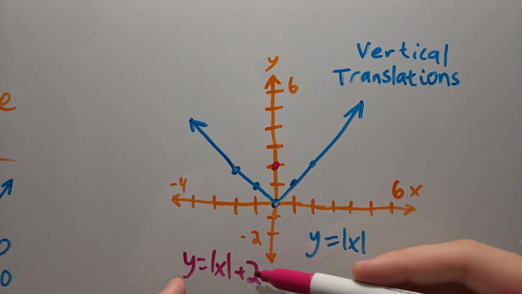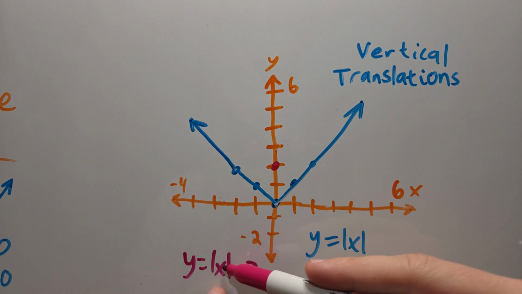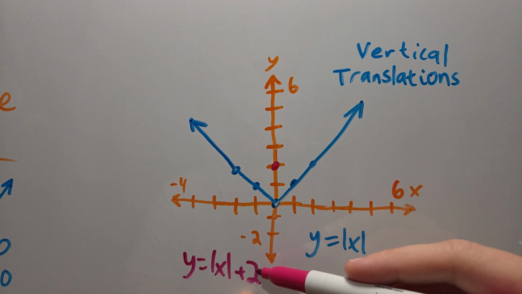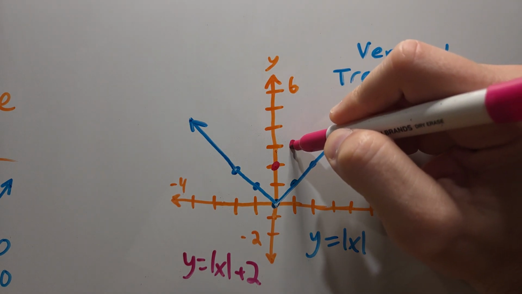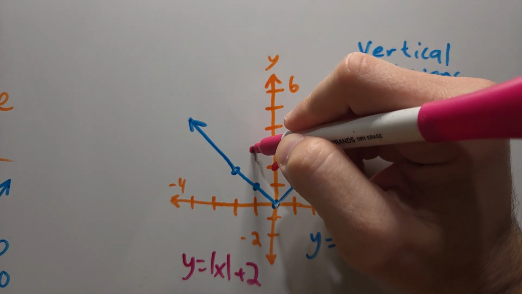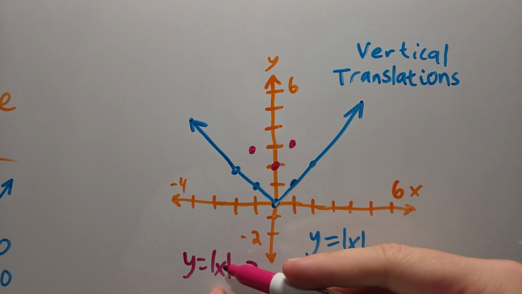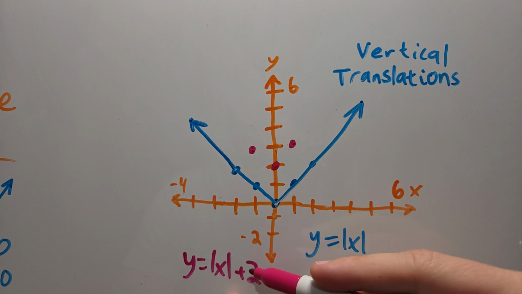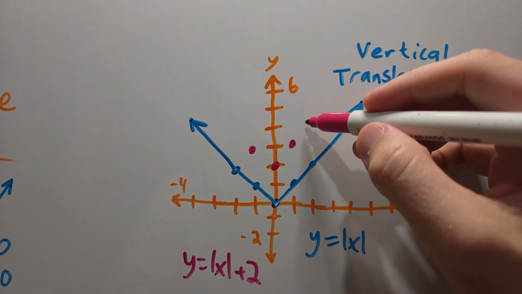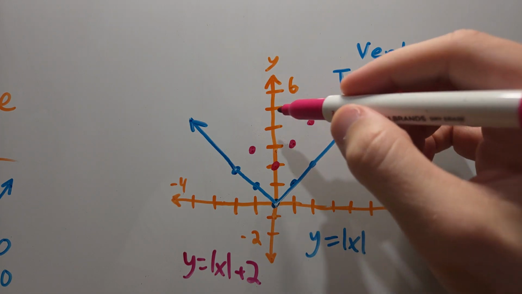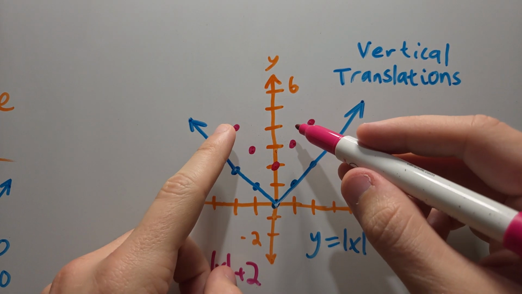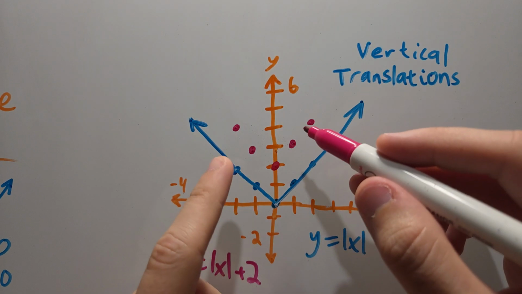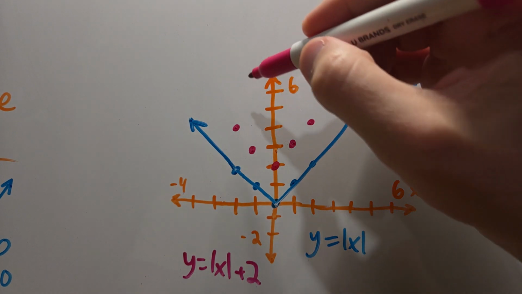Plugging in 1 and -1 as well will result in a value of positive 3. And I'll do one more. Plugging in 2 and -2 will give me a value of 4. So it's the same shape and size, it's just now in a different position.